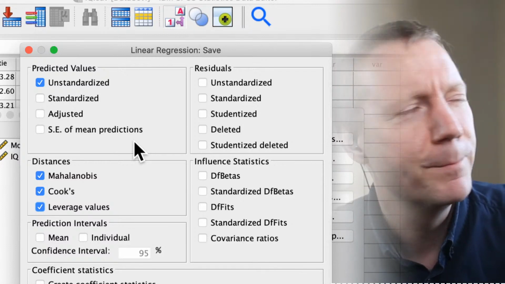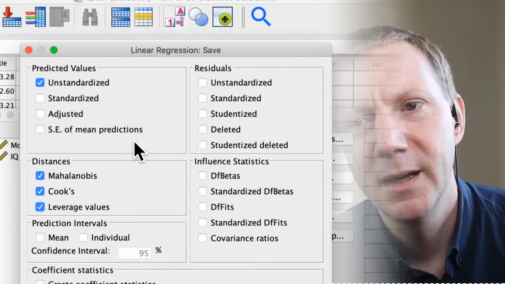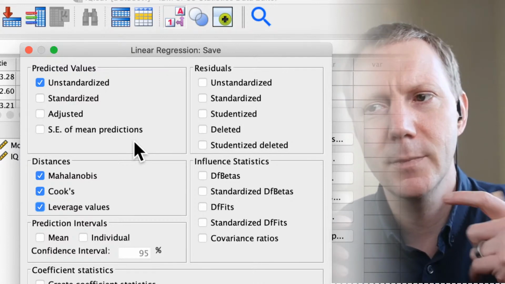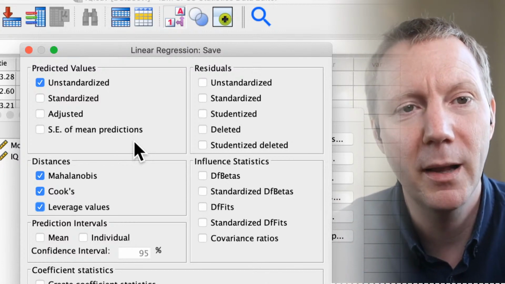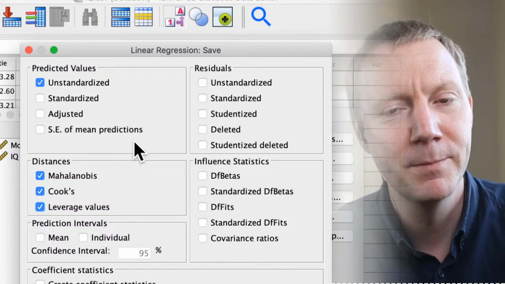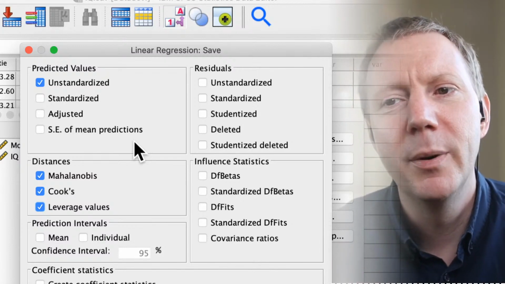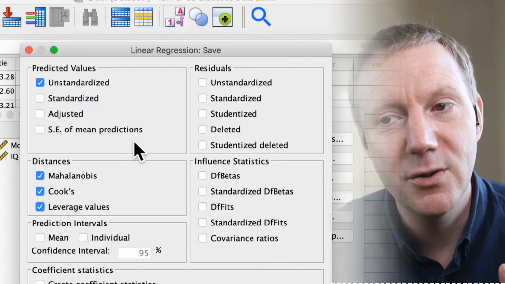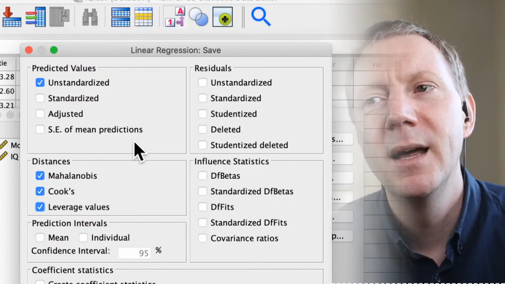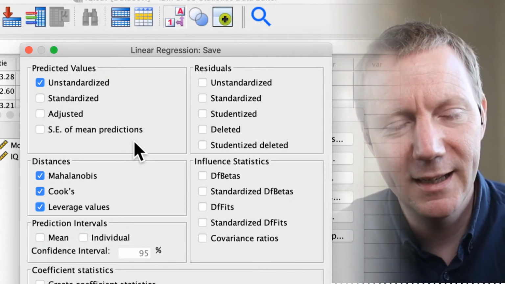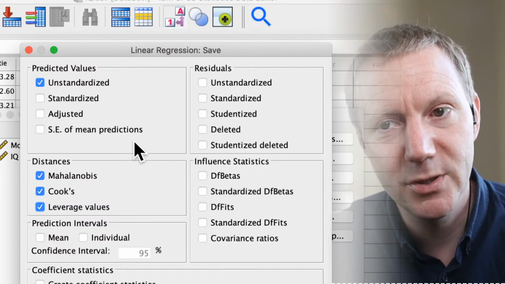So if the Mahalanobis value must not be higher than 15, and you see within the diagnostics output that the highest Mahalanobis value in your dataset is only 11, then there's no problem. But if it states that the highest value in your dataset is higher than 15, for example 18, then you have to look at your data, find this person, and take the person out.